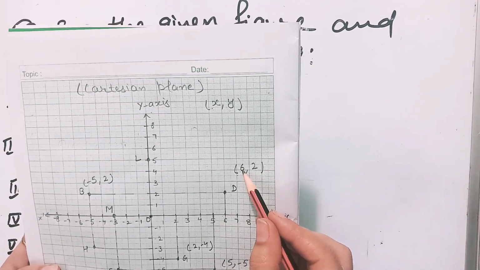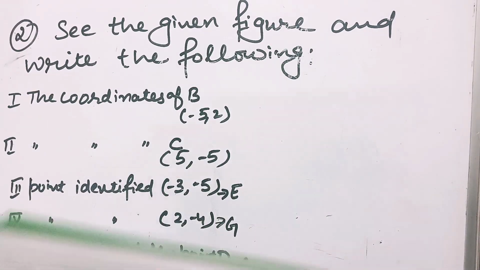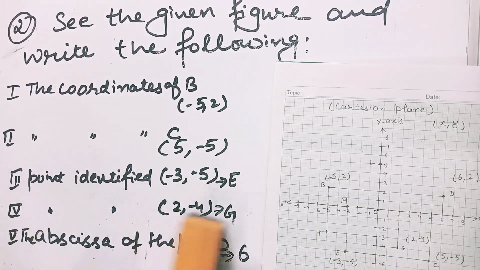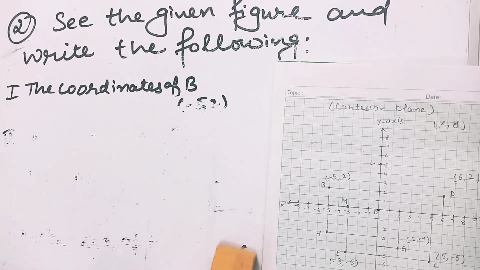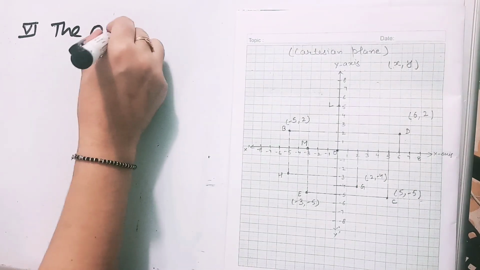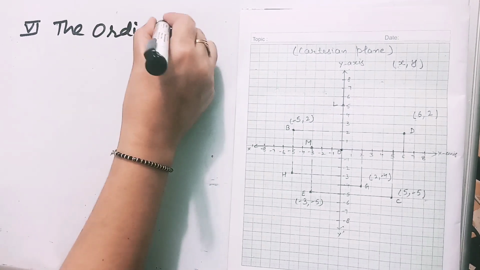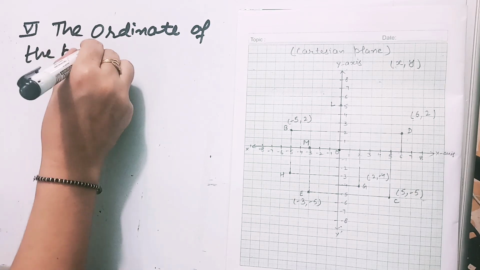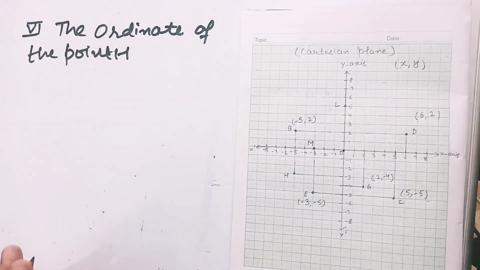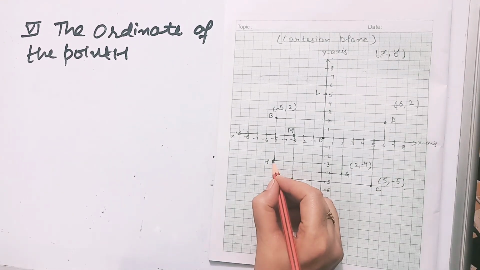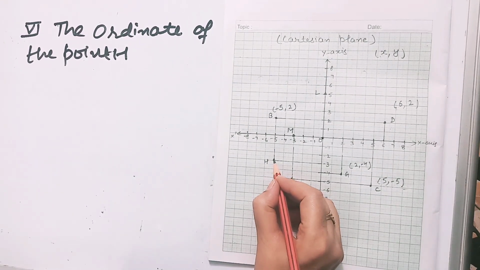And now the sixth part is the ordinate of the point H. See where the coordinates of H are in the Cartesian plane.